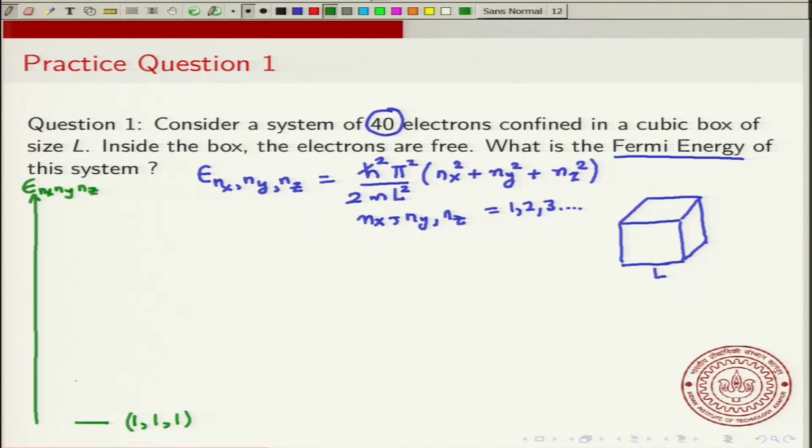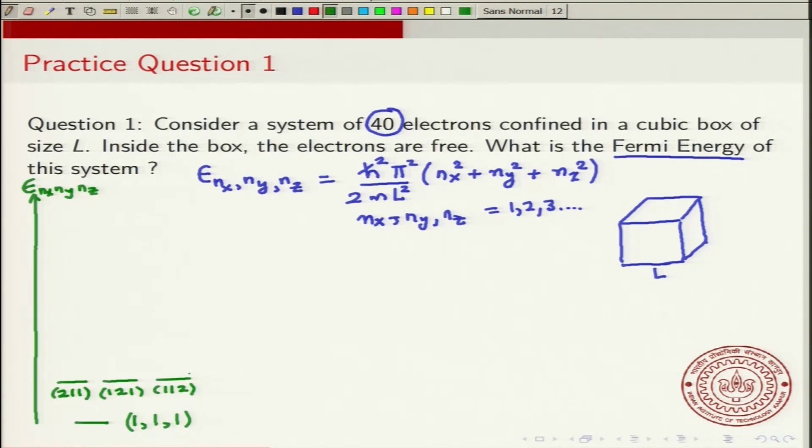So you can have 3 different levels. I will just write it as 2 1 1, that means nx equal to 2, ny equal to 1, nz equal to 1, or you can have 1 2 1, or you can have 1 1 2. And since the electrons are indistinguishable, you really cannot distinguish between these states. So basically there are 3 states that you cannot really distinguish between.